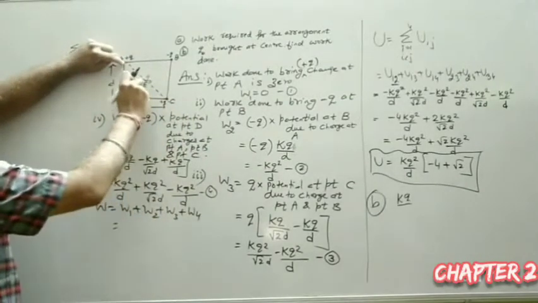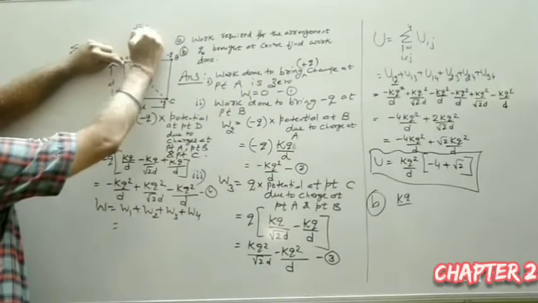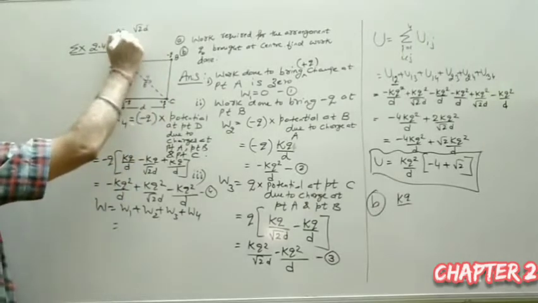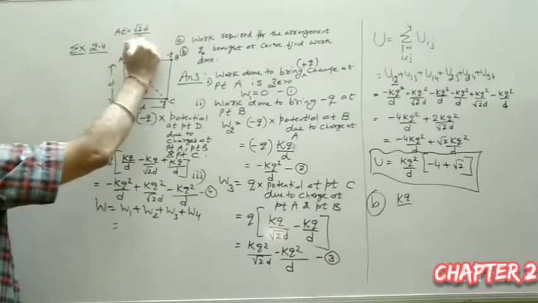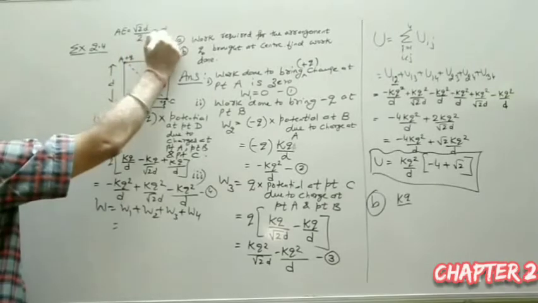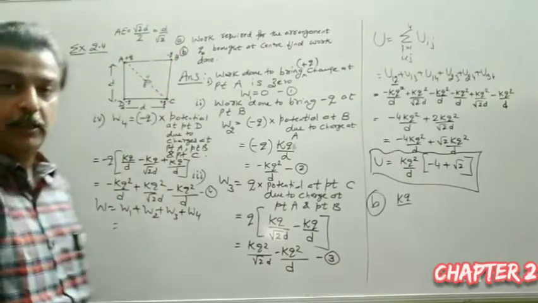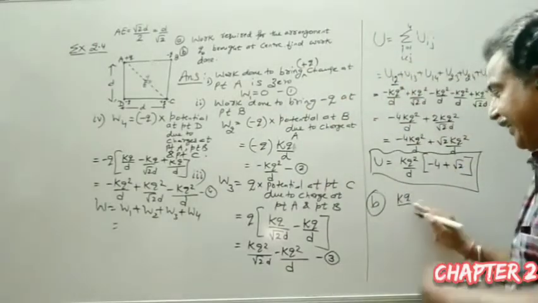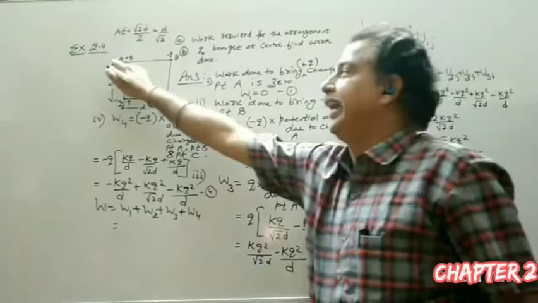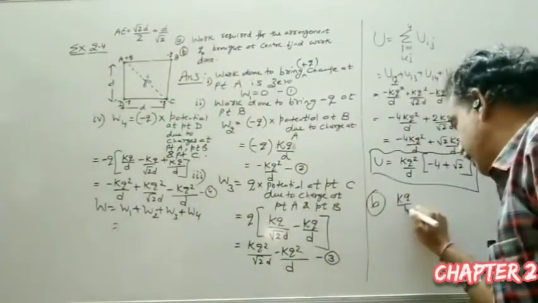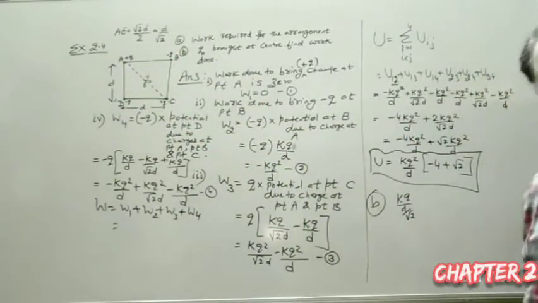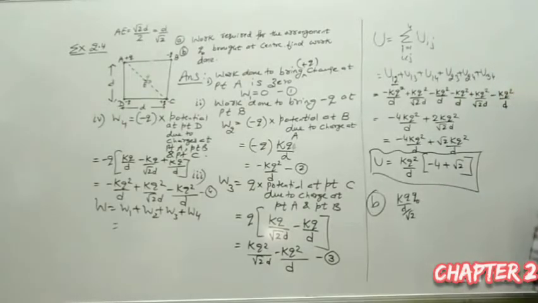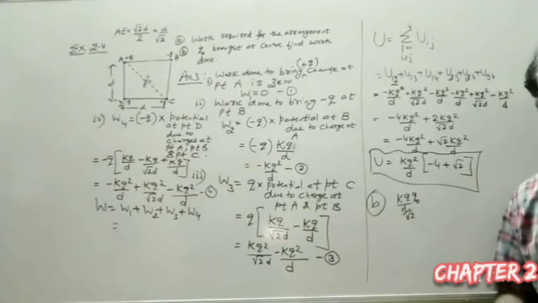This entire distance AC was root 2d, so AE is equal to root 2d divided by 2, that is d by root 2. So potential at E will be k source upon d by root 2, into Q naught, the potential multiplied by the test charge.